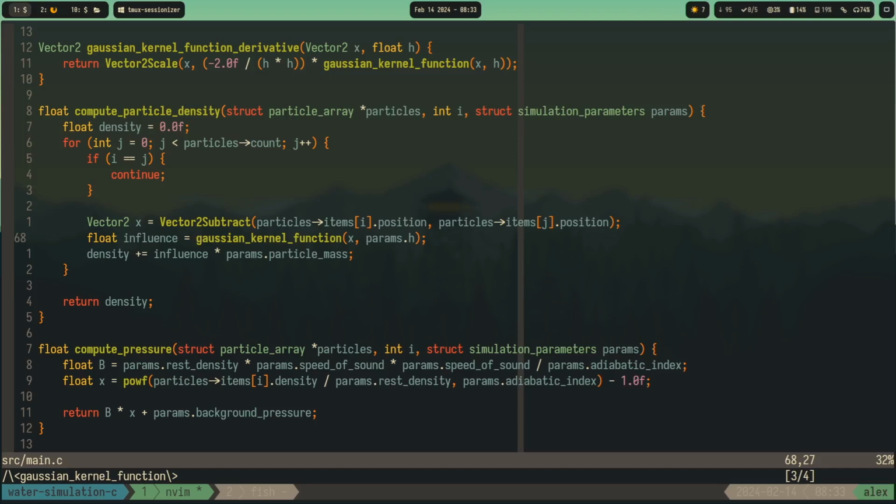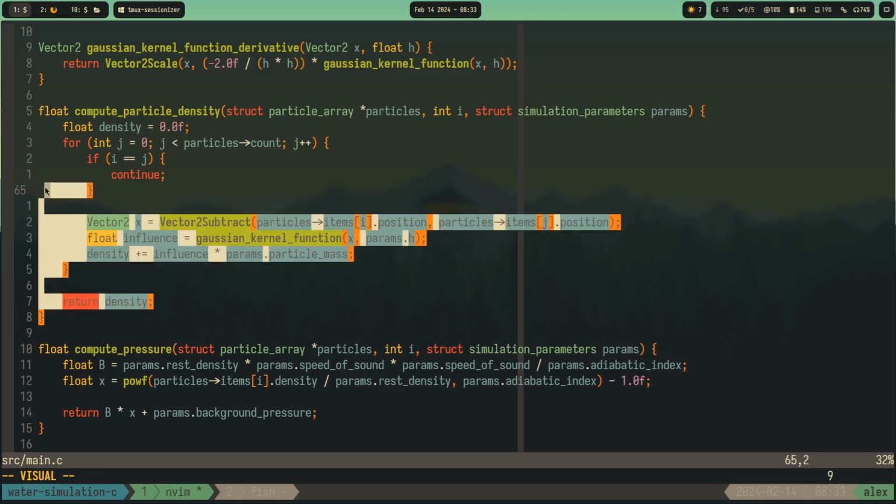Like if you have only 10 particles inside a volume, the density will be smaller than if you had 1000 particles. So that's correct. Okay, so how we compute the density is fine.